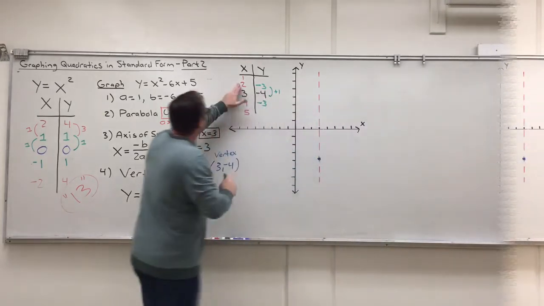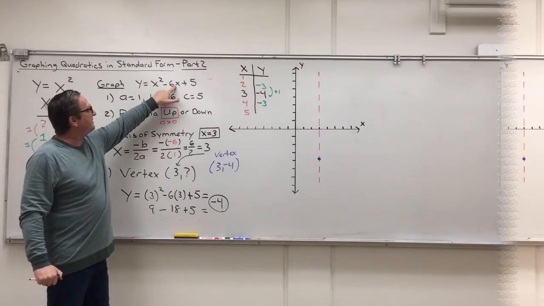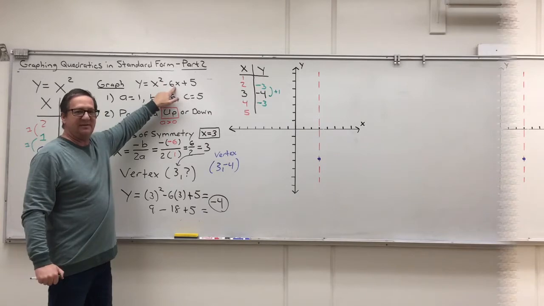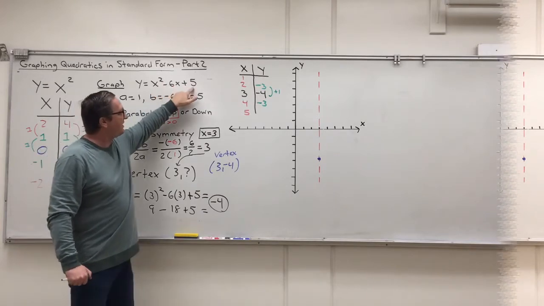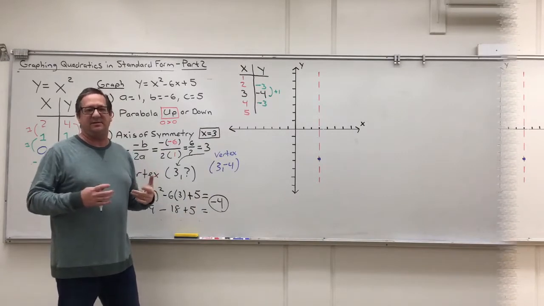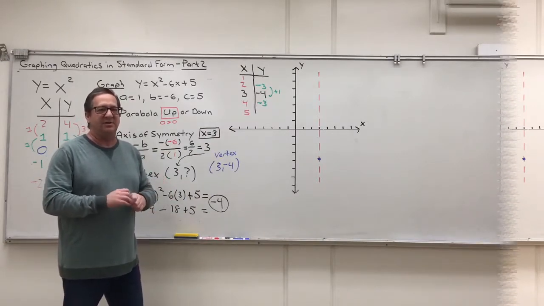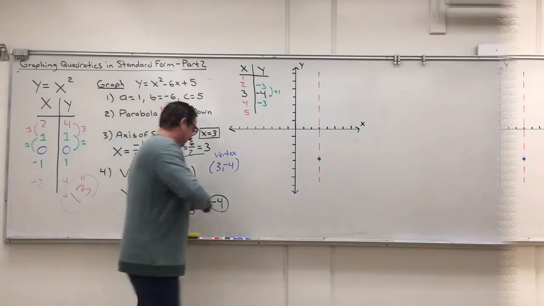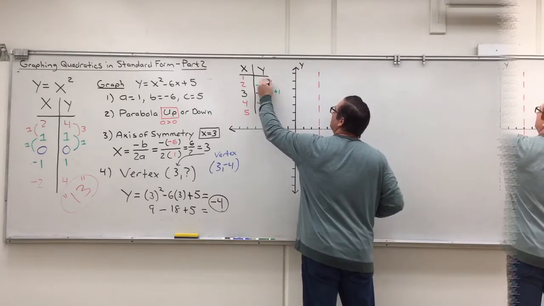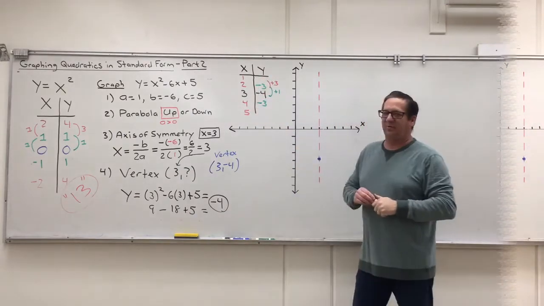So just to show you, 2 squared is 4, minus 6 times 2, which is 12. So 4 minus 12 is -8. -8 plus 5 is -3. We're going to get to the same spot. Okay, so we're going to pretend that we can all plug this in, but we're going to take the shortcut. Now here, we add 3.